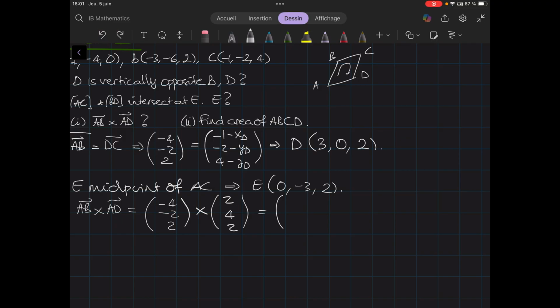We would have -2 times 2 minus 2 times 4, so -12. Cover the second row. -4 times 2, that's -8. Minus 2 times 2, that's would be -12 in total. It is the second row, so we invert the sign. Third row.